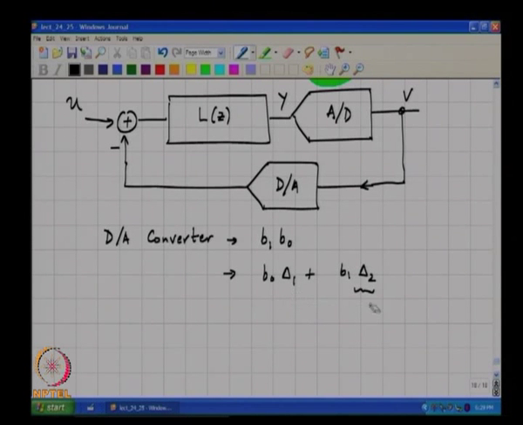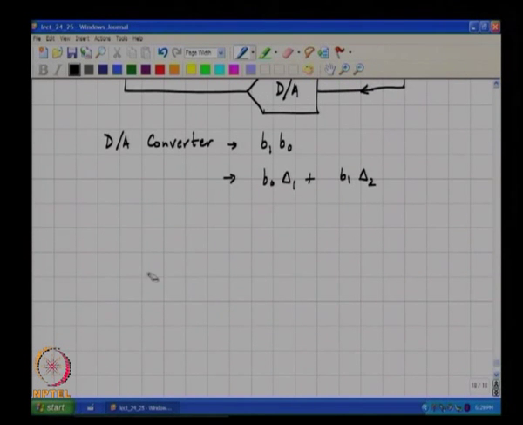In other words, for an ideal DAC, in this example, depending on the bit code, if the code is 0, 1, 2 or 3, you must ideally get 0, 1, 2 and 3 times delta, correct. So, this is the ideal.